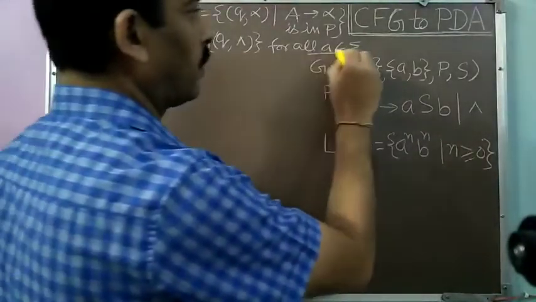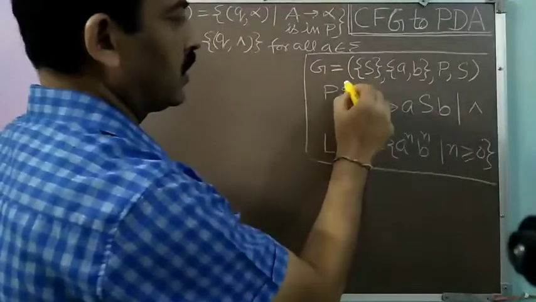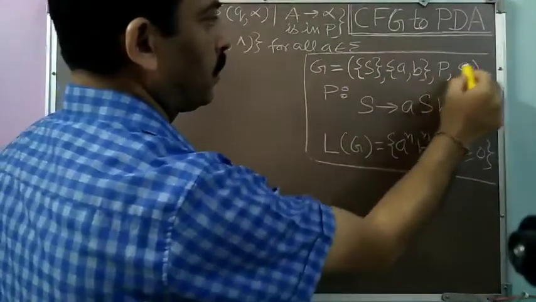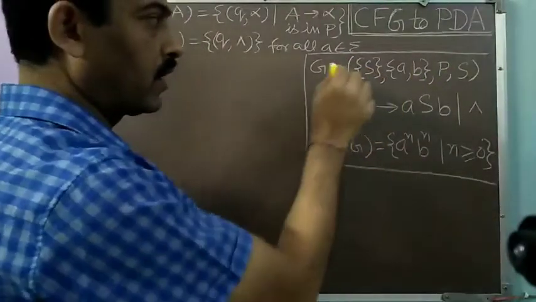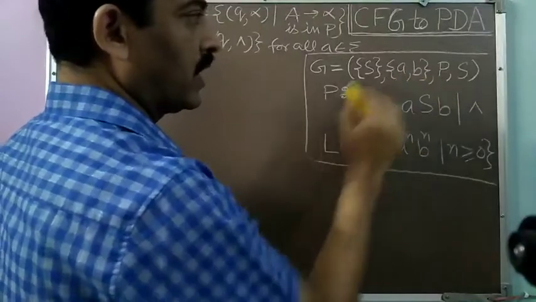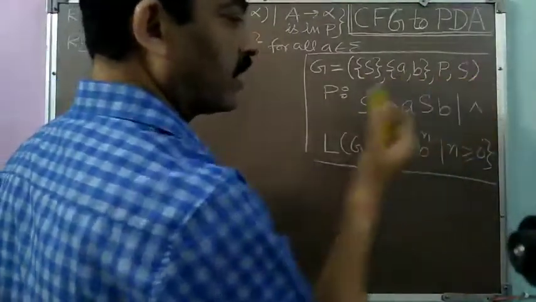We are taking one example in which I have taken one grammar G. This grammar G is such that it is (V, T, P, S), and the set of productions is given by this. There is only one variable in our grammar, there are 2 symbols a and b, the set of productions is given by these 2 S productions, and S is our start symbol.